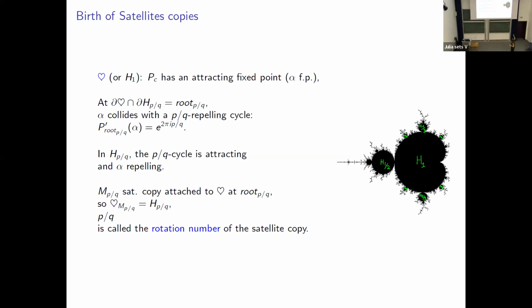The parabolic parameter at which this hyperbolic component is attached to the main cardioid is called the root of the satellite copy. And the index is the rotation number of the copy. So what happens in my satellite copy?